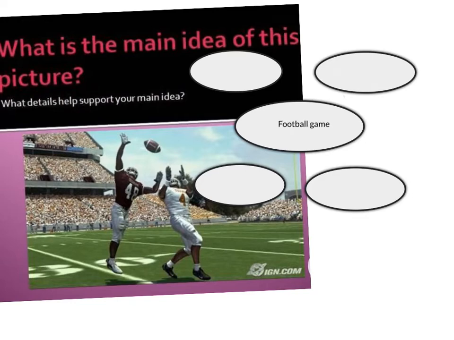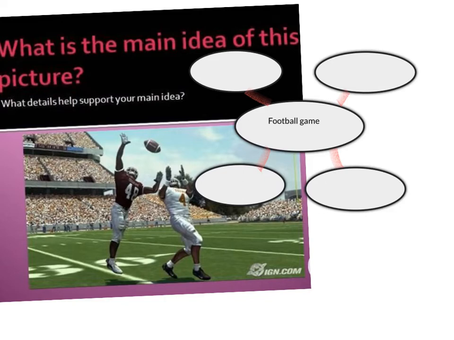Now, in order for this to be correct as a main idea, I need to have some details that help support that main idea. All right, so I'm going to make the connector lines here for my diagram. This is another way that you can organize information to show supporting details surrounding the main idea.